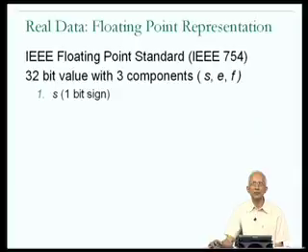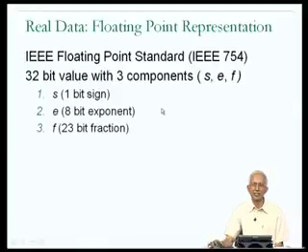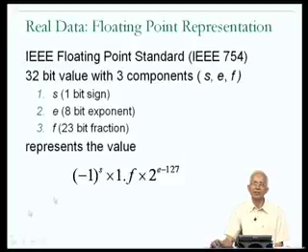Therefore, the convention used in floating point representations is that we have something called an exponent and something called a fraction, and put together the sign, the exponent and the fraction represent a real value. The exponent is used as the power of some kind of a base, and the fraction is used as a fractional part which is multiplied by the base raised to the power of the exponent.